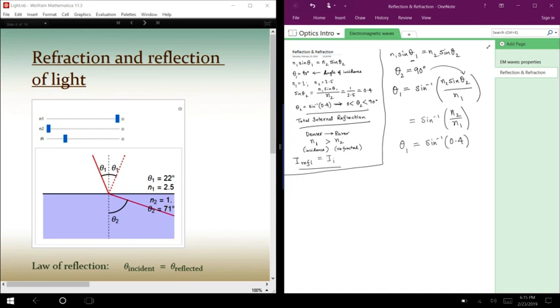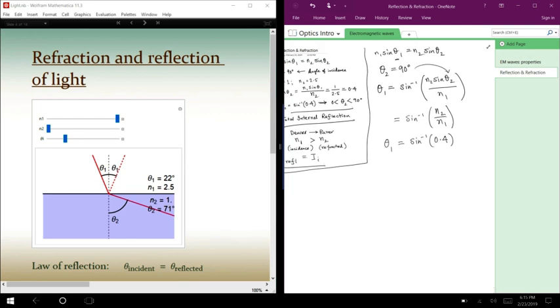Then if the angle of incidence is sine inverse of 0.4, the angle of refraction would be 90 degrees. And you can now imagine that if I increase theta 1 above sine inverse 0.4, then the angle of refraction, if I just wanted to use Snell's law, I wouldn't be able to find it, because if I increase theta 1 any further, the sine of theta 1 would increase, right?